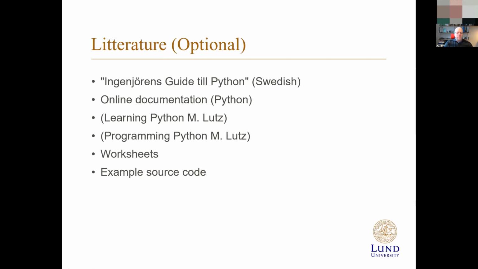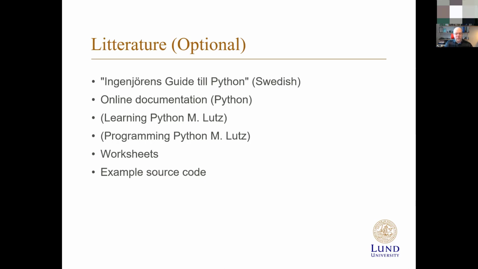Literature. For those that are fluent in Swedish, there is a book called Ingenjörens Guide to Python in Swedish, which covers a lot of the topics I give in this course. There is also online documentation on Python, which I reference in the Canvas site. There is Learning Python, Programming Python.